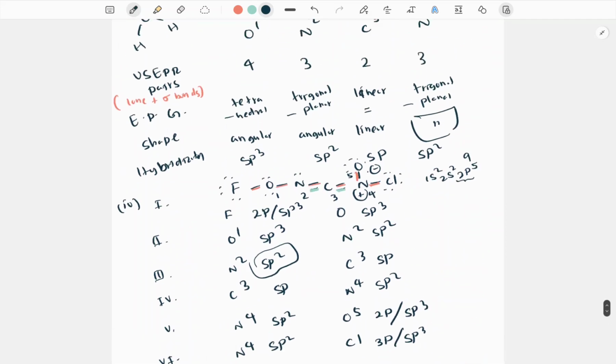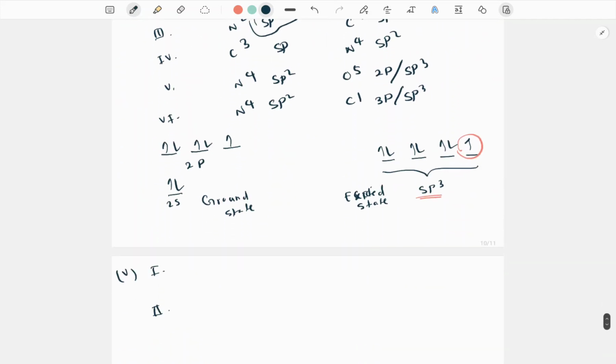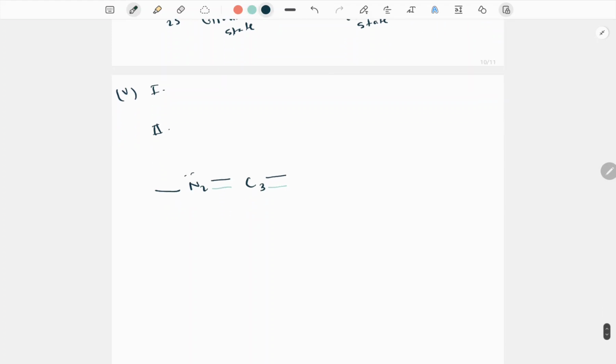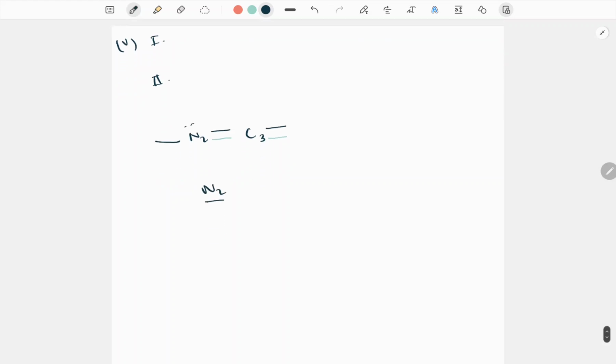These are the atoms N2, L, C3. This is the pi bond, N2, L, C3. I am taking this pi bond here. From the aspect of N2, what's the atomic number of nitrogen?